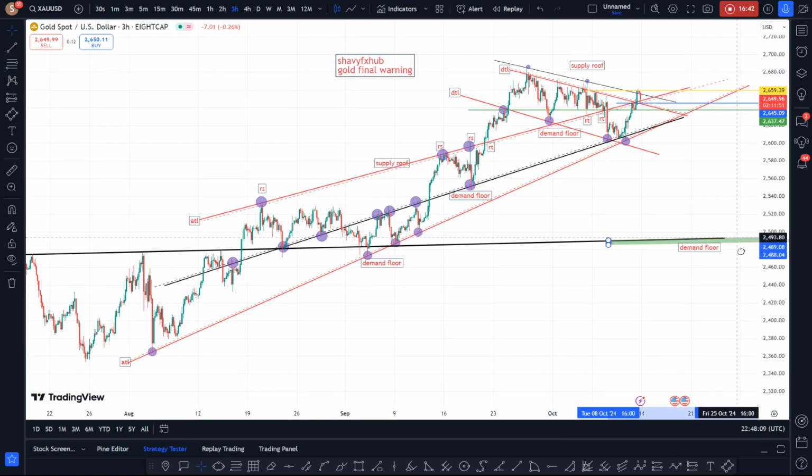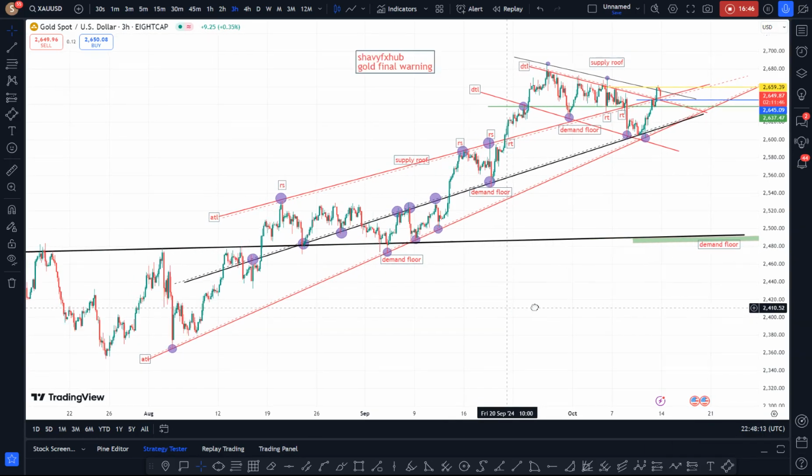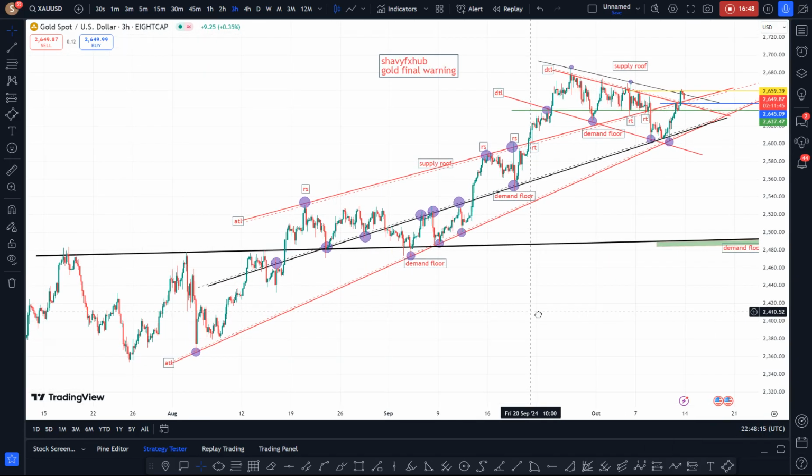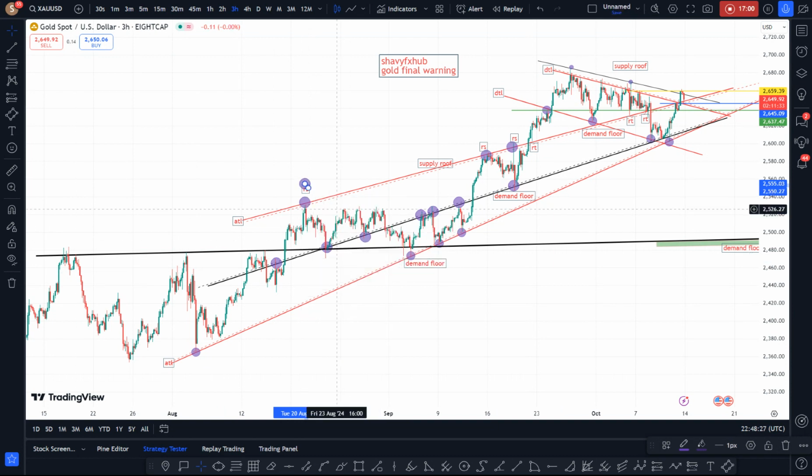So we watch it, and at the moment, price is playing along our price action strategy. It's obeying. Look at here, we have here a resistance structure, resistance structure. We have another resistance structure.